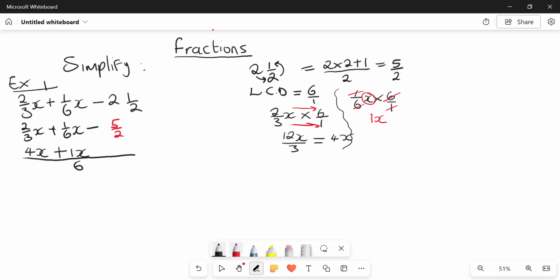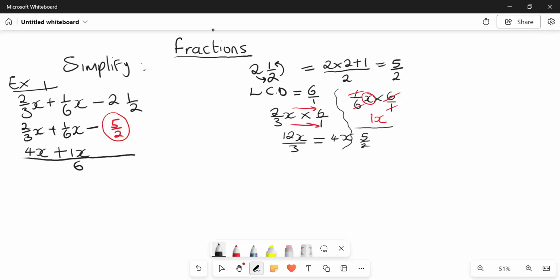Now let's move to the last part of the fraction, which is negative 5 over 2. So now we need to say negative 5 over 2 multiplied by 6 over 1, right?